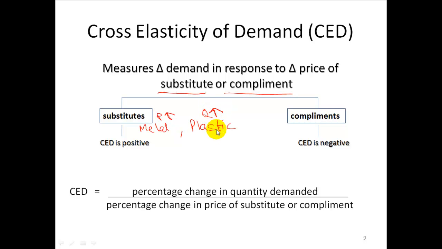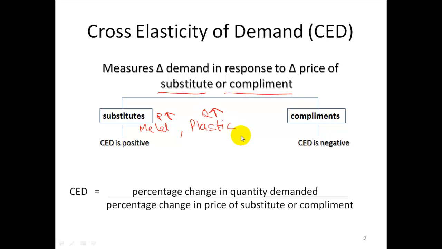And what's the definition of cross elasticity of demand? It's the percentage change in quantity demanded divided by the percentage change in the price of the substitute. So if the price of the substitute goes up, the quantity demanded of plastic goes up. Hence the cross elasticity of demand when you are considering substitutes is positive.